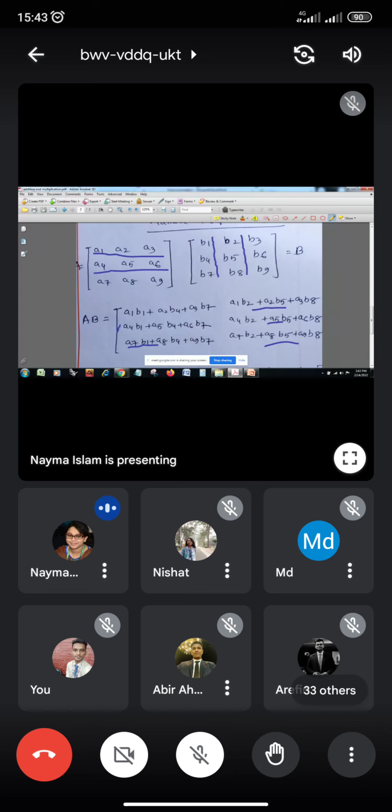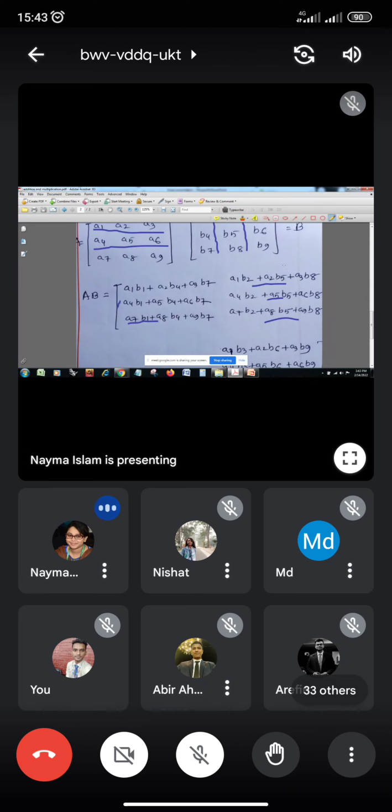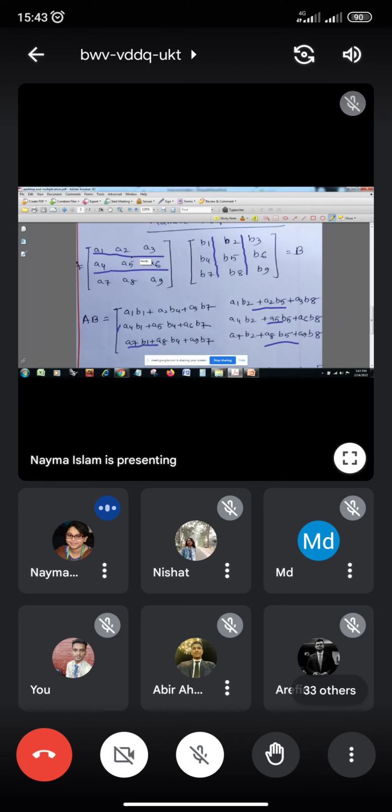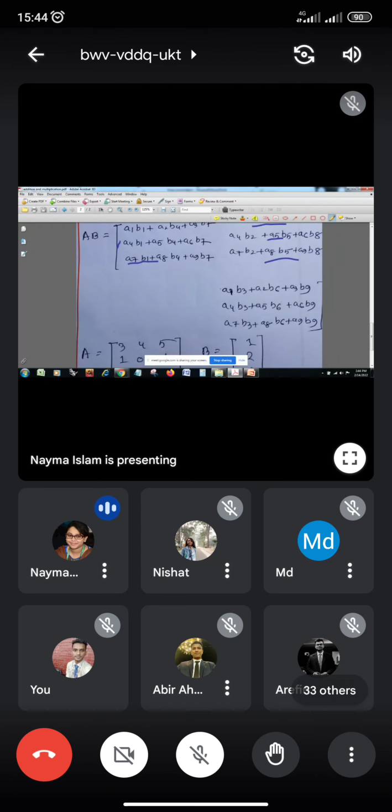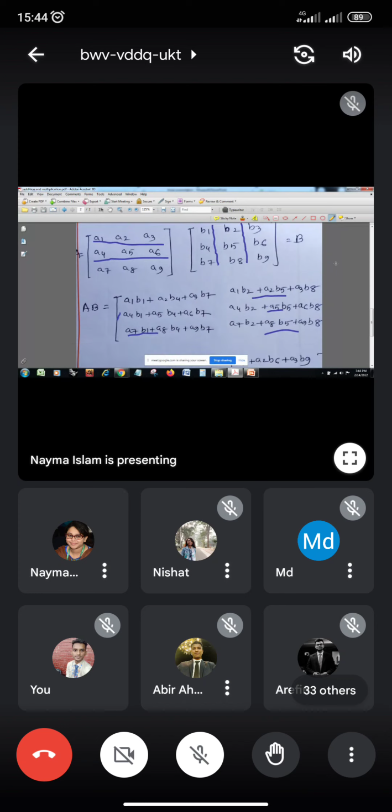Finally this. Now, you have to consider the third column in B. A similar process you have to continue: A1 into B3, A2 into B6, A3 into B9. And finally, A7 into B3, A8 into B6, A9 into B9, and you have to place here. This is the procedure of multiplication.